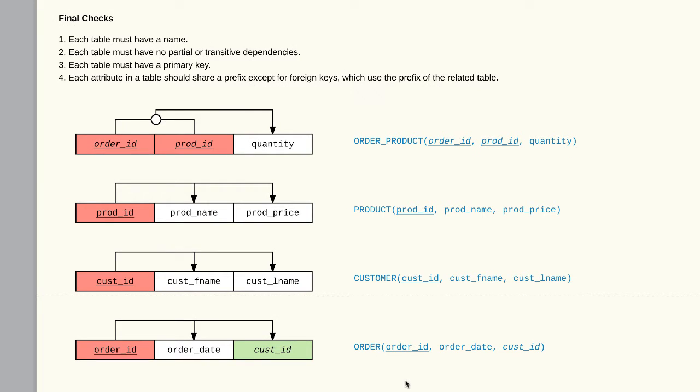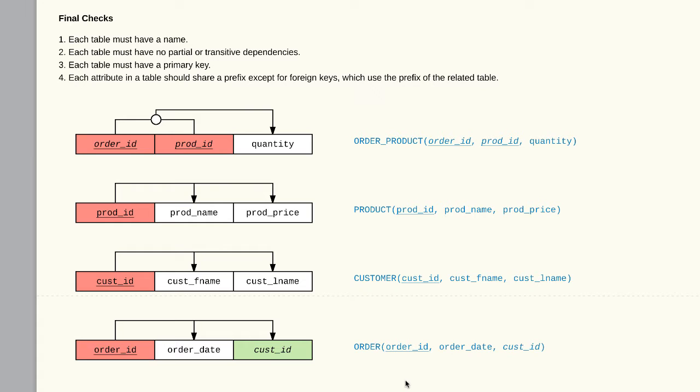So now I have all of my tables all in third normal form. Each table has a name. Each table has no partial or transitive dependencies. Each table has a primary key, and each attribute shares a prefix except for foreign keys, which use the prefix of the related table.